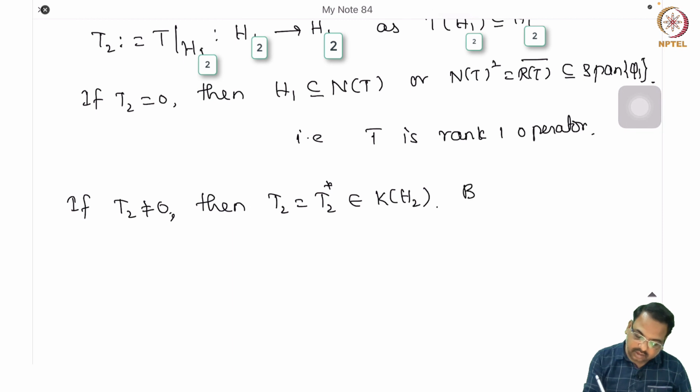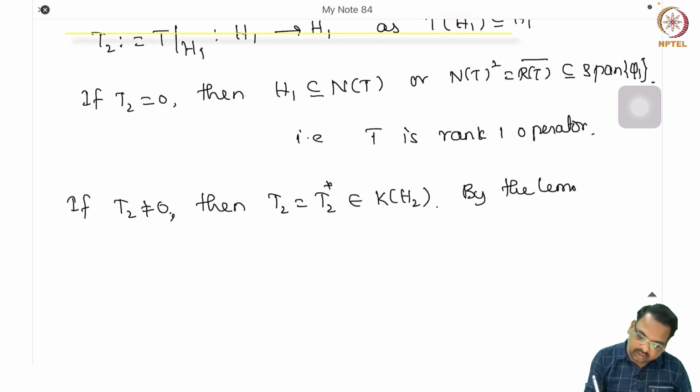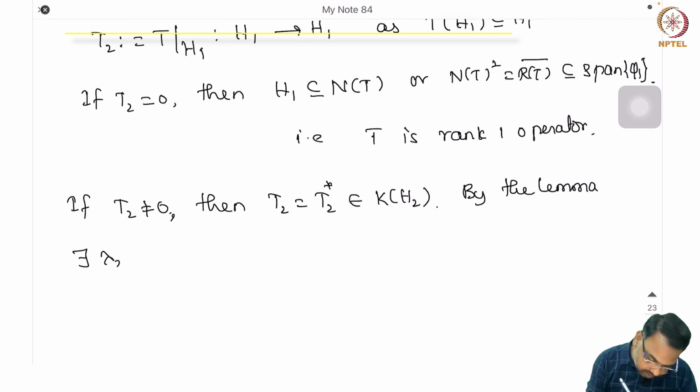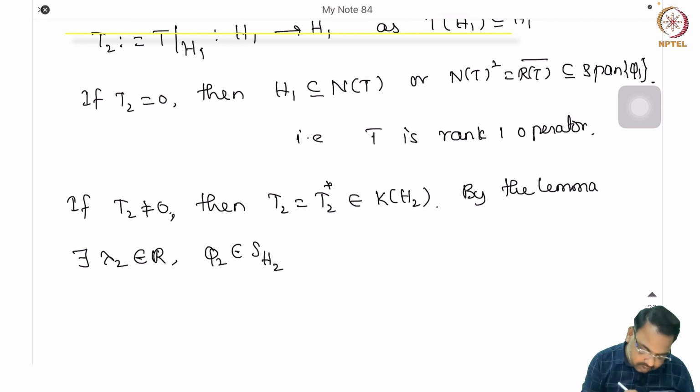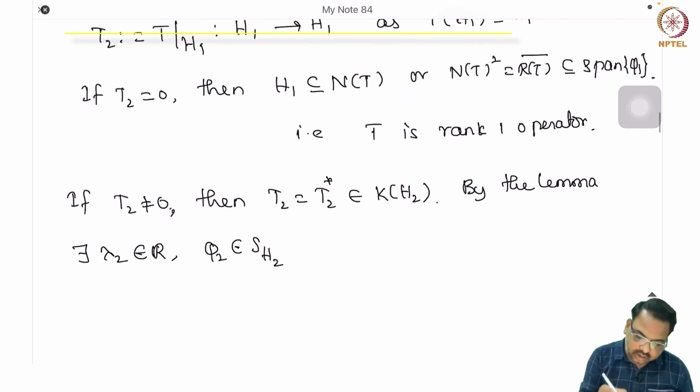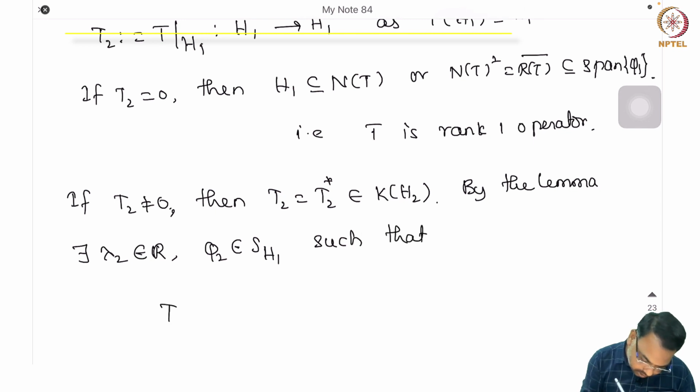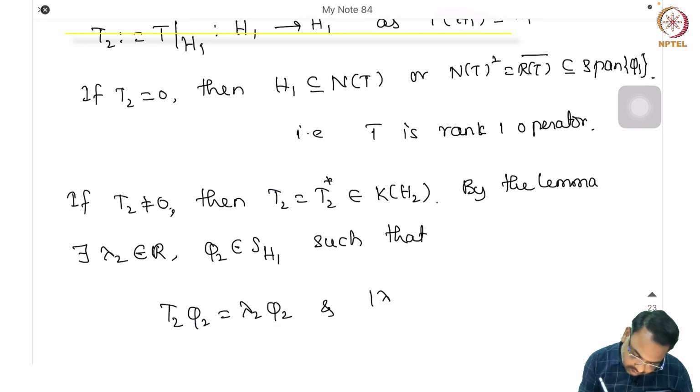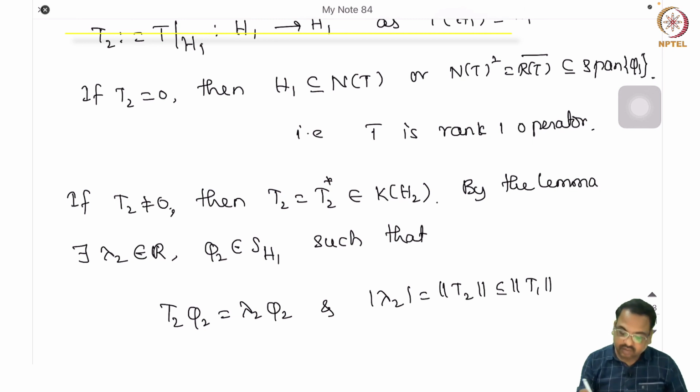So by the lemma, there exists lambda 2 in R and phi 2 in the unit sphere of H2, such that T2 phi 2 is lambda 2 phi 2, and we know that mod lambda 2 is nothing but norm of T2. This is less than norm T1, because T2 is a restriction of T1, so this is mod lambda 1.